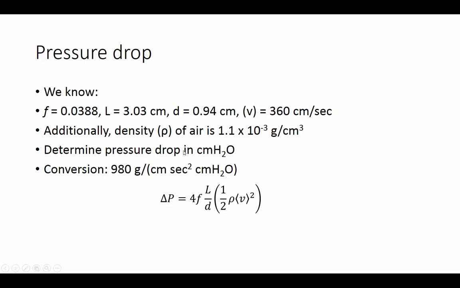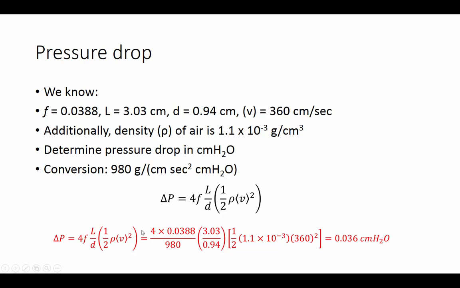We want to determine our pressure drop in centimeters of water, and a conversion for that is 980 grams per centimeter second squared per centimeter of water. We can determine it via this pressure drop equation. We plug in the numbers because we have them all, and we get 0.036 centimeters of water.